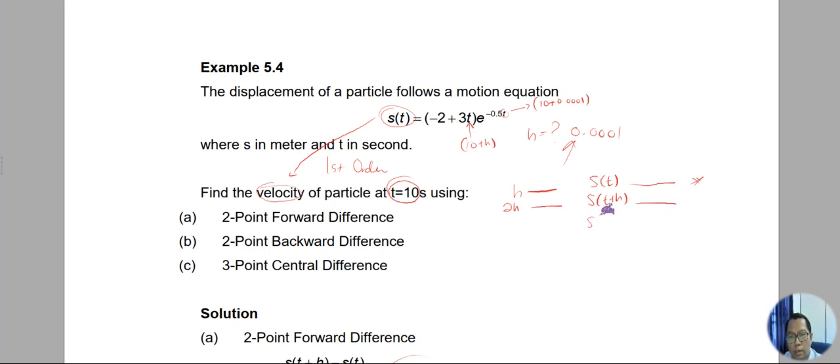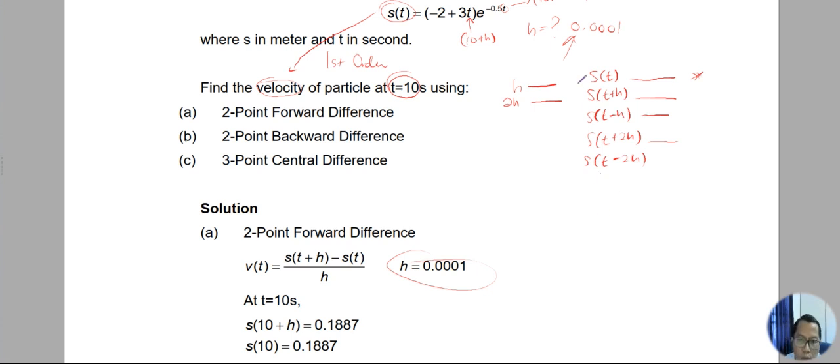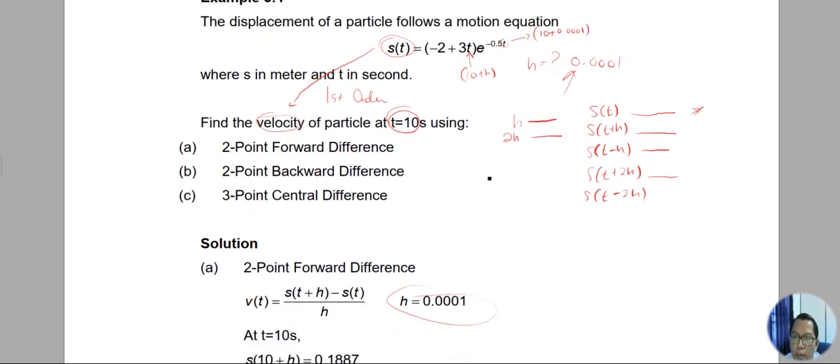And then you get s at t minus h, s(t+2h), and also s at t minus 2h. How do we get the s(t-2h)? From here.